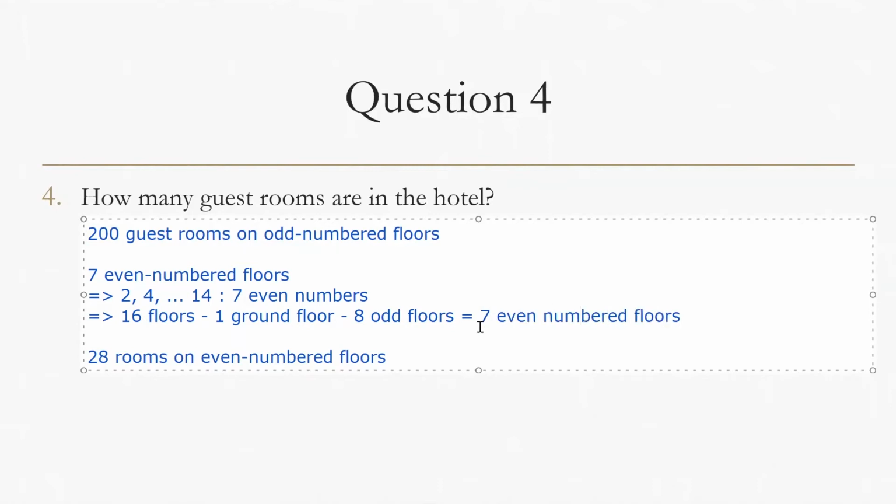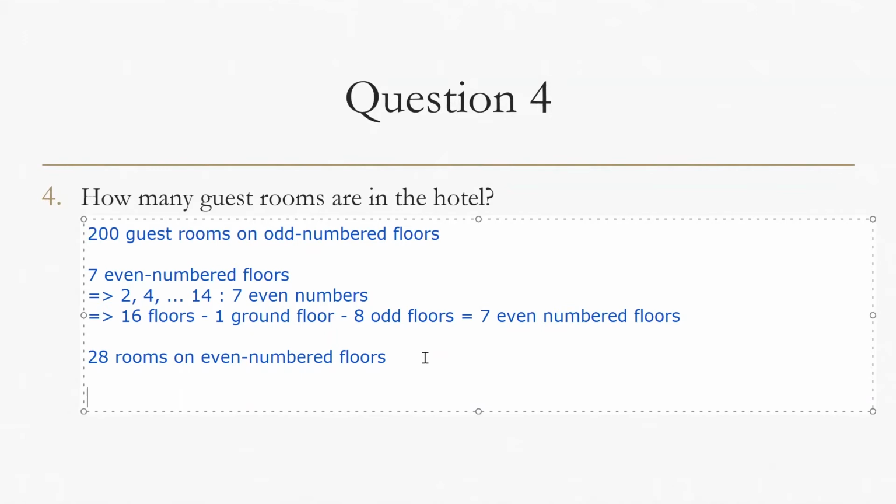Okay, good. From our previous question, we know there are 200 guest rooms on odd numbered floors. Then we know there are 7 even numbered floors and 28 rooms on even numbered floors. Good. And how did you put that together into your answer? Then I just added the 200 to the total, which I have now forgotten.